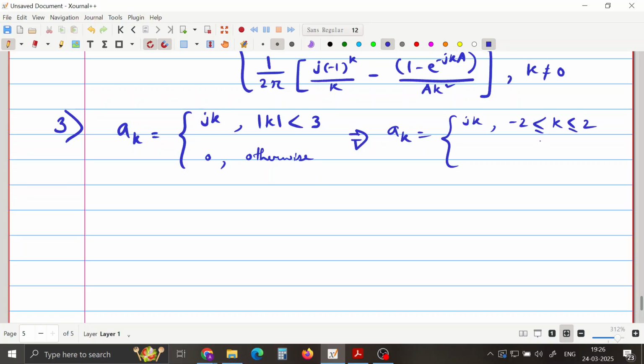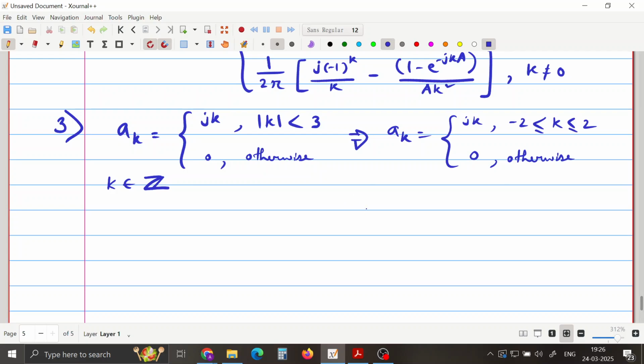And K is an integer here. Always remember that K is an index. K is always an integer. So for this range of K, it is JK and it is 0 otherwise.